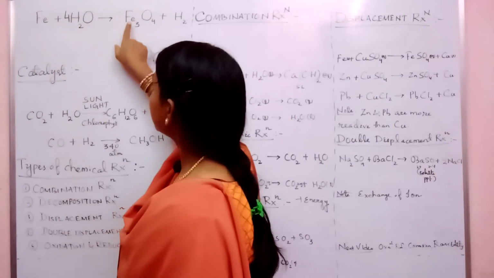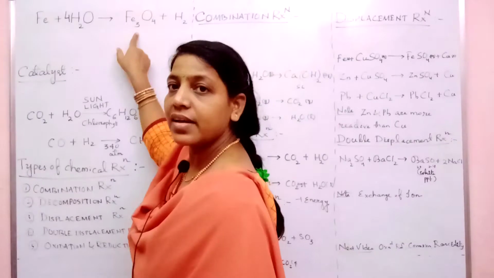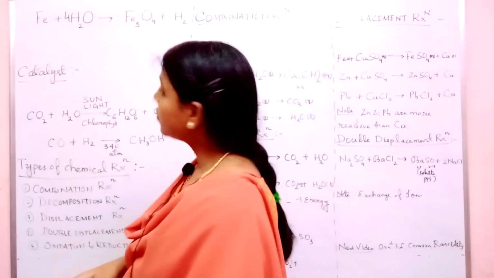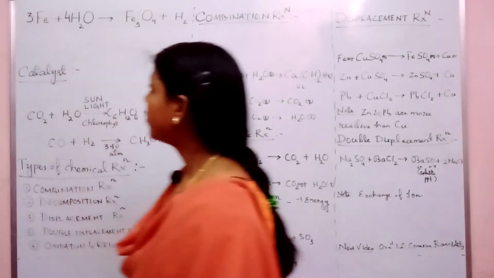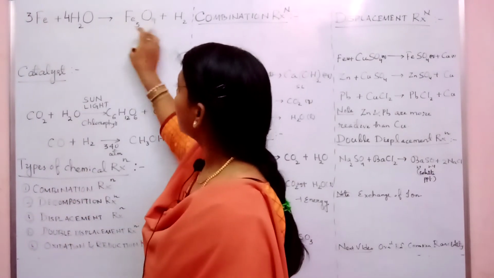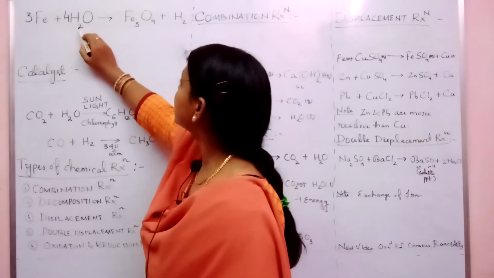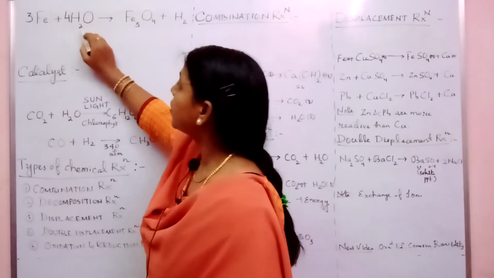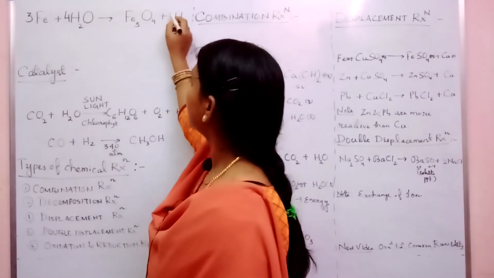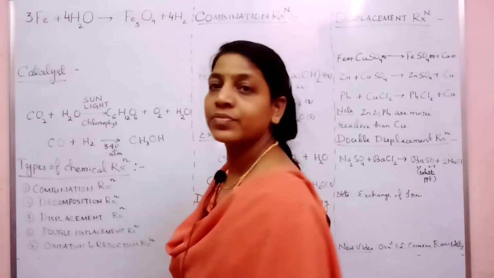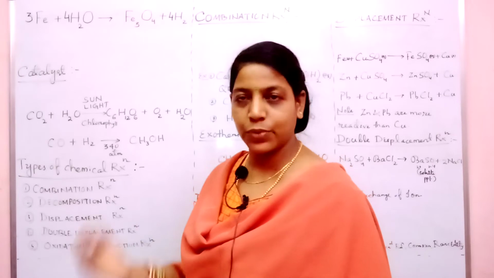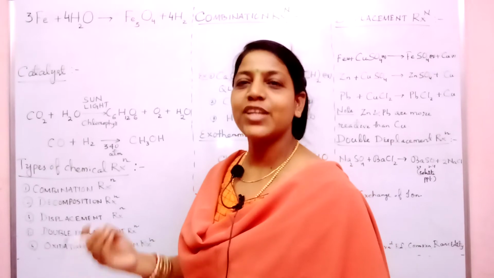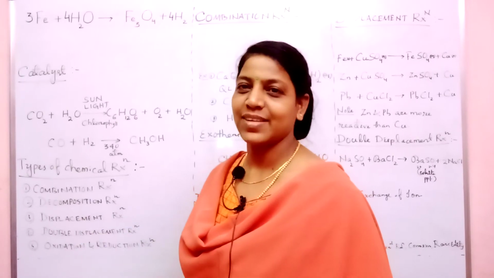But how many iron atoms are there? 3 atoms. So I should write 3 here. Now iron is balanced, oxygen 4 is balanced. What about hydrogen? Here it is 4 into 2, 8. But here it is 2, so I will write 4. Now is it balanced or not? This is the way you need to approach so that it gets balanced very easily.